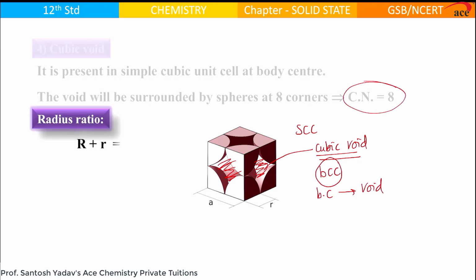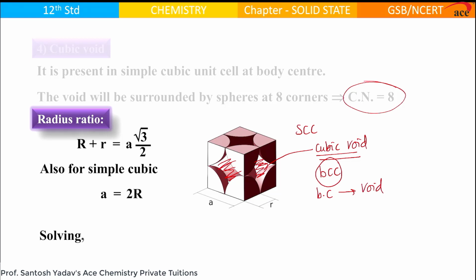If you calculate the radius ratio using proper trigonometry, r by capital R is 0.732, where small r stands for the radius of the cubic void and capital R stands for the radius of the sphere which makes up the cubic void. 0.732 is the largest value for any void.